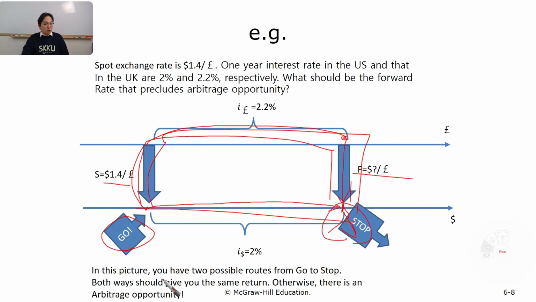In this picture, you have two possible routes from go to stop. Why do I use go and stop? Well, because I am Korean. Go stop is Koreans' favorite gambling game. Anyway, I could have said in and out, but go stop.